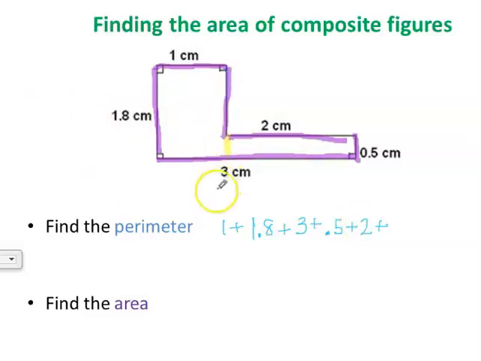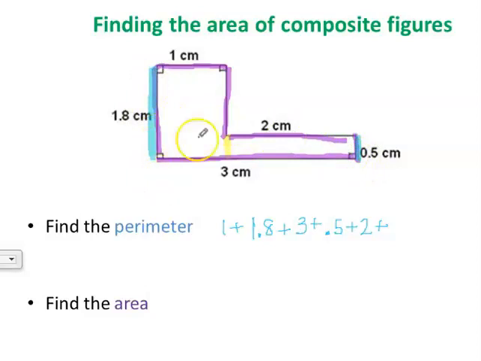Uh-oh, there's no side length there, but I need that side length to find the perimeter. So how can I figure out what that side length might be? Well, remember over here on the opposite side, we know the length from here to here is 1.8, and the length from here to here is 0.5.